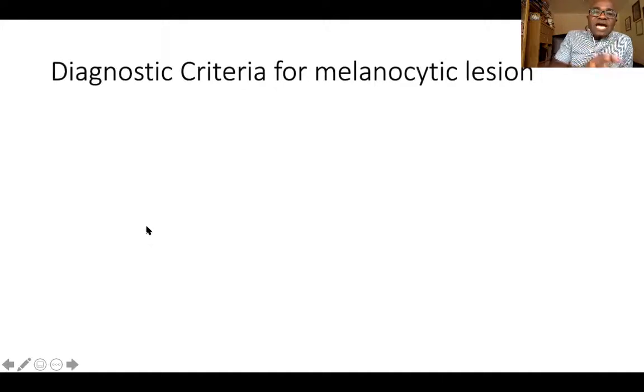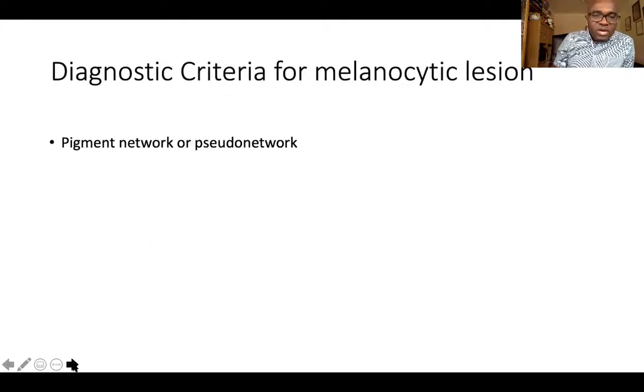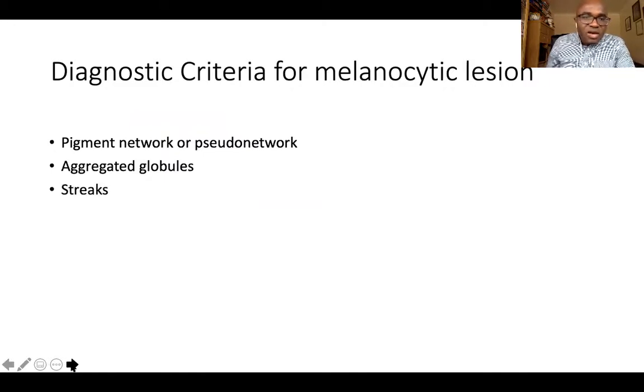For the diagnostic criteria of a melanocytic lesion, you will have to look at whether the lesion has a pigment network. That's the first thing. Has the lesion got aggregated globules? Are there globules in the lesion? Are there streaks in the lesion? I'll show you pictures of what these terminologies are.